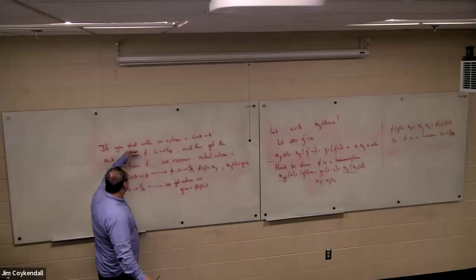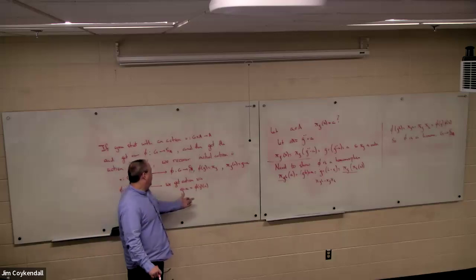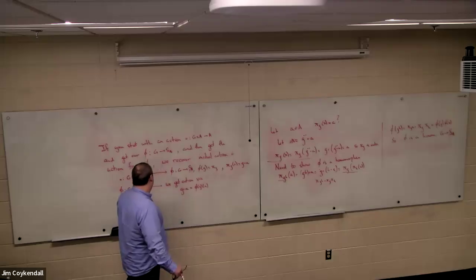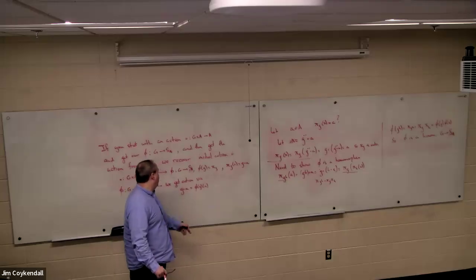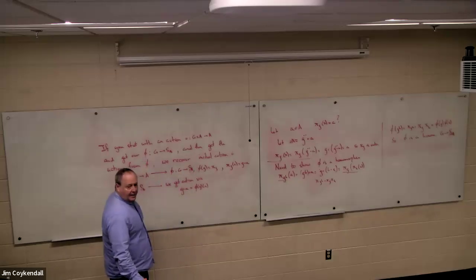So when we start with the original circle action, we get this phi, and this homomorphism gives us an action this way, which is the original action.